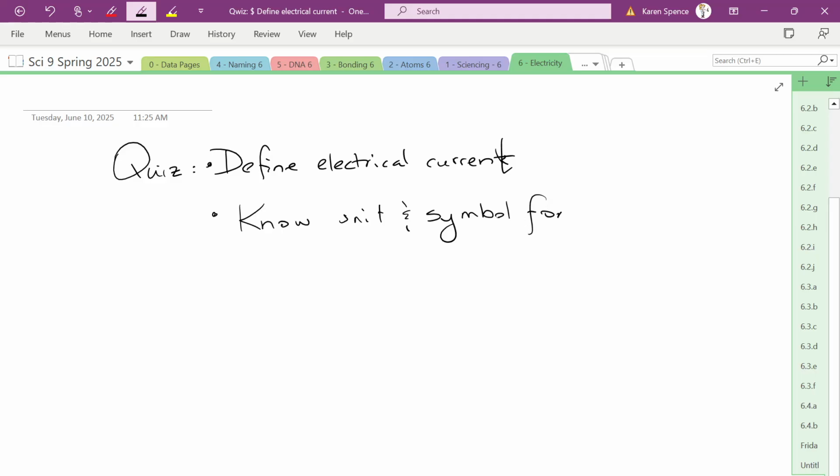Thank you. Oh, the unit and the symbol for. Do I do it like that, or do I?